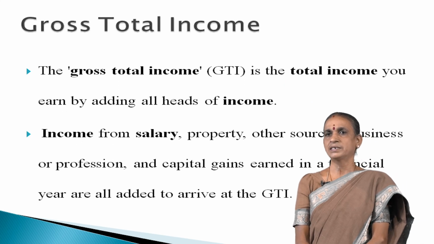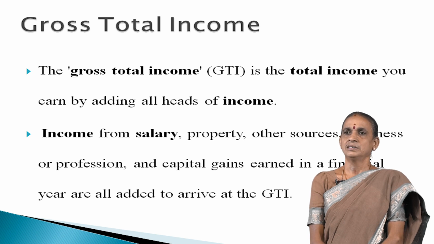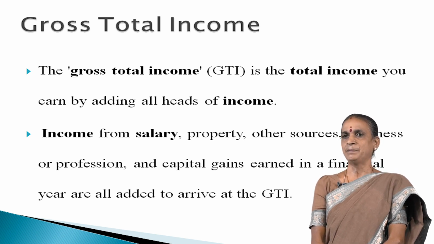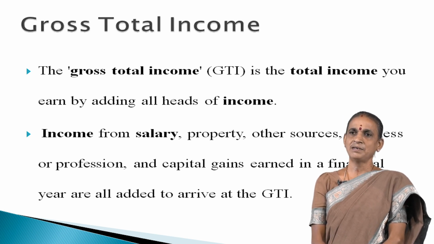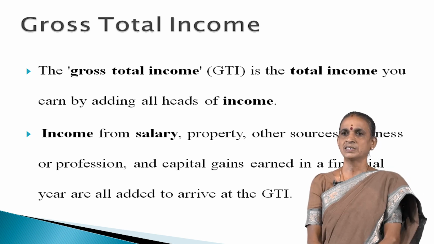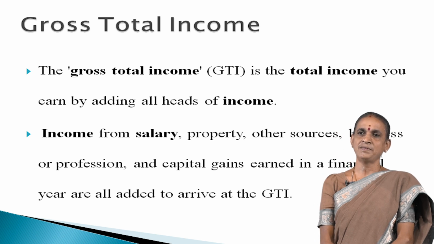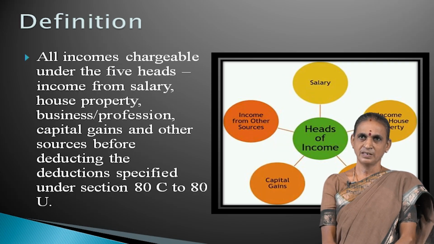Gross total income. Gross total income means the income that you have earned by adding all heads of income. The heads of income are income from salary, income from house property, income from business or profession, income from capital gain, and income from other sources in a financial year, which are all added to arrive at the gross total income or GTI.